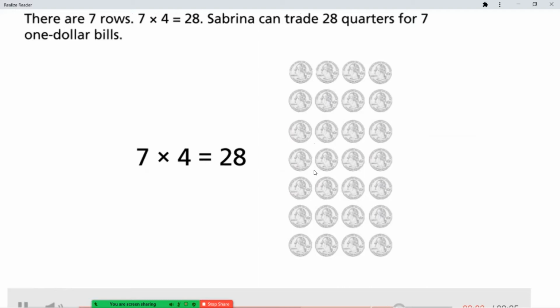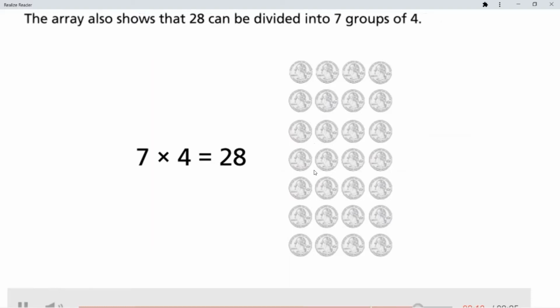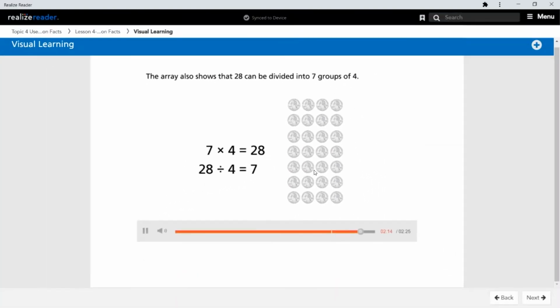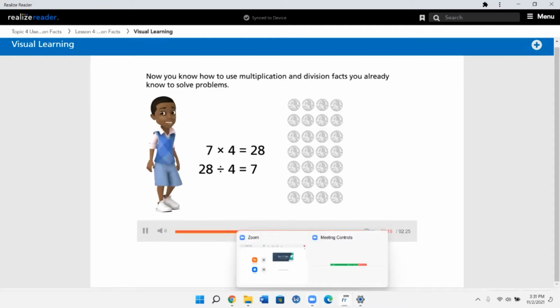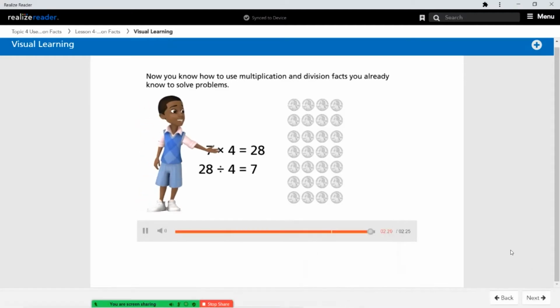Sabrina can trade 28 quarters for 7 $1 bills. The array also shows that 28 can be divided into 7 groups of 4. Now you know how to use multiplication and division facts you already know to solve problems.